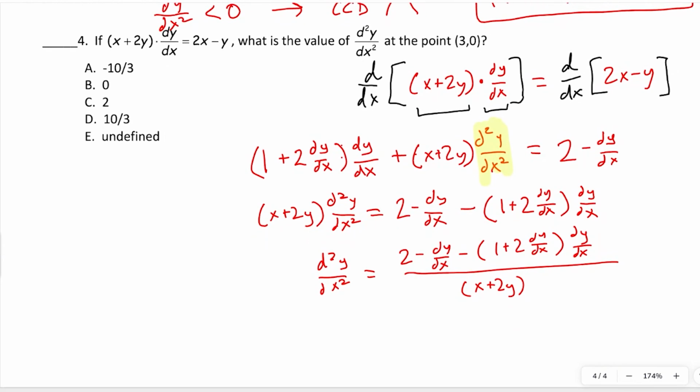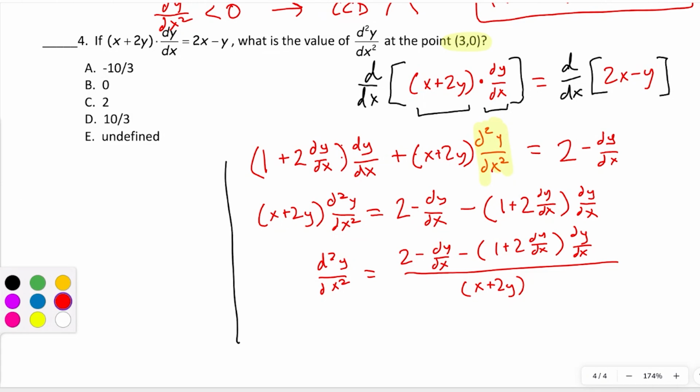Okay, so here's our second derivative, and now we want to evaluate that at the point (3, 0). So what we're going to do is plug in 3 into x, 0 into y, but then you might be noticing, hey, we've got a dy/dx that we're going to have to plug in too. So we're actually going to have to find the value of dy/dx at (3, 0) separately.